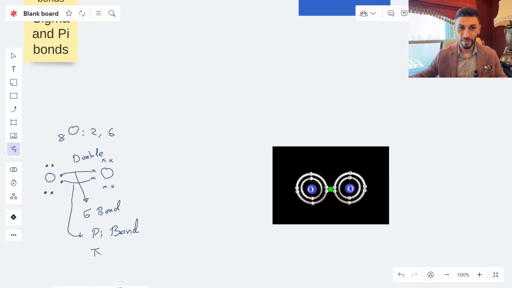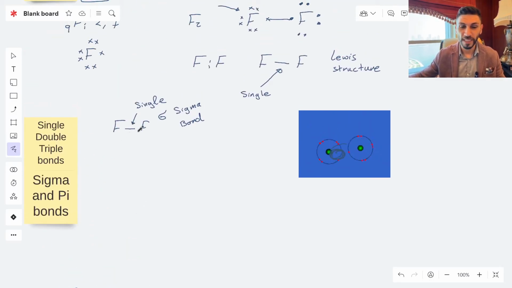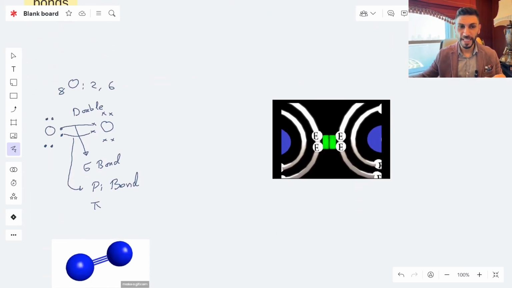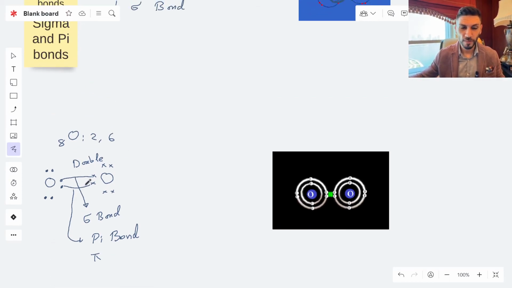Now, in the fluorine, we have only a single bond, and this single bond is the first bond between the fluorine and fluorine, first and the only. So that's why we have the sigma bond here. So in the single bond, we have only one sigma bond. Now, in this case, we have a double bond.